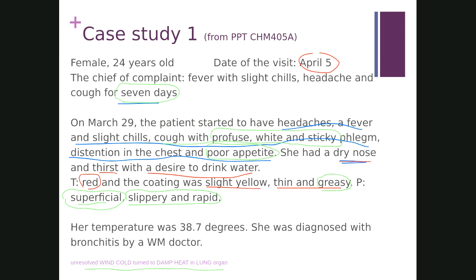Also add one to nourish yin to deal with dryness, and one to resolve damp heat to clear this kind of bronchitis suffering due to damp heat entering the lung organs. Is this a simple case?